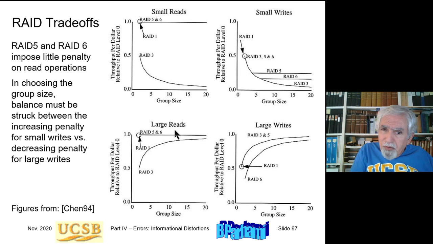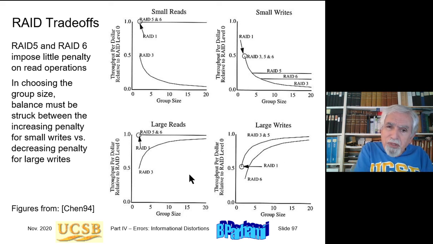Large reads means you're reading maybe thousands of bits, tens of thousands of bits. Similarly for writes, small writes and large writes. Large write performance increases with group size for RAID 3 and 5, and the smaller RAID for RAID 6.